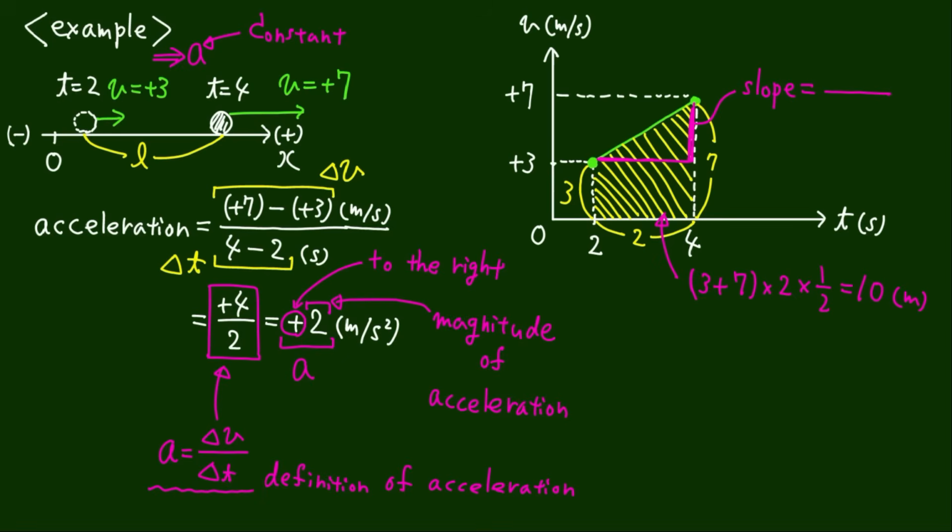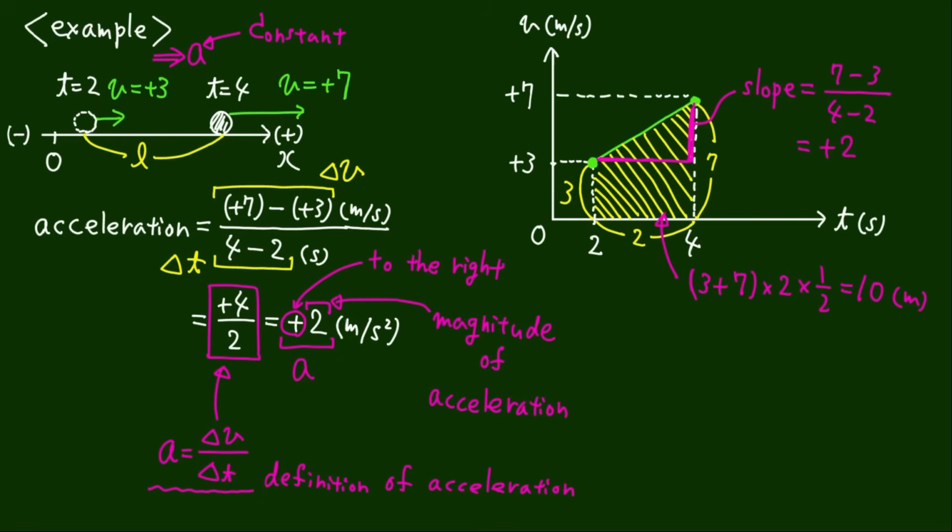And the change in velocity becomes plus 7 minus plus 3, which is plus 4. Here let us simply write it as 7 minus 3. Then this becomes plus 2, which completely matches the acceleration value we found earlier. Is that clear? In other words, the slope of the VT graph represents the acceleration of the object's motion.